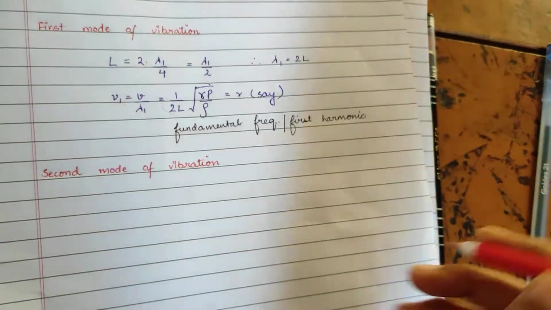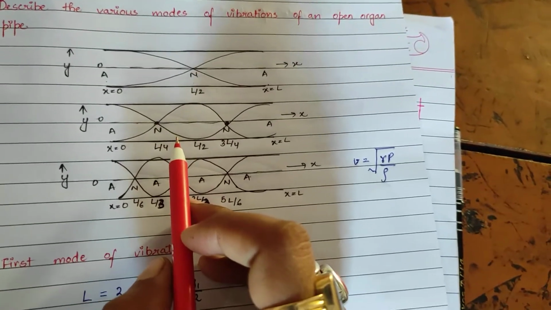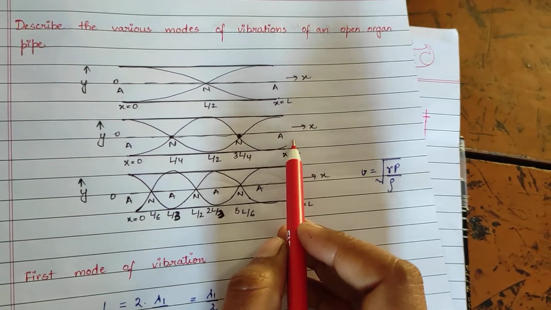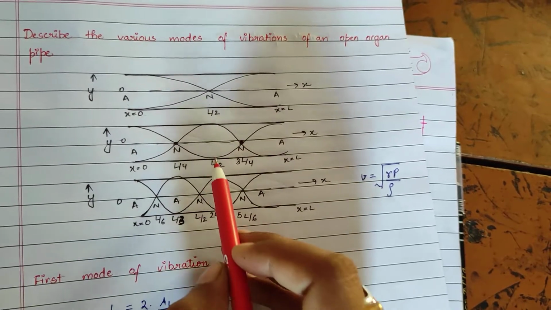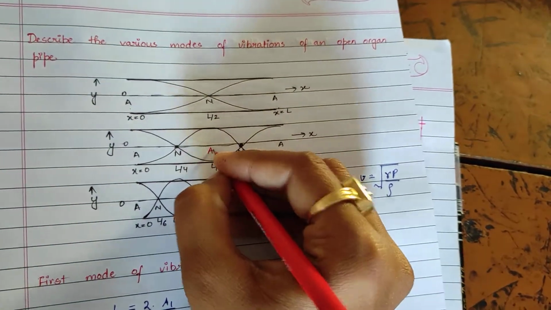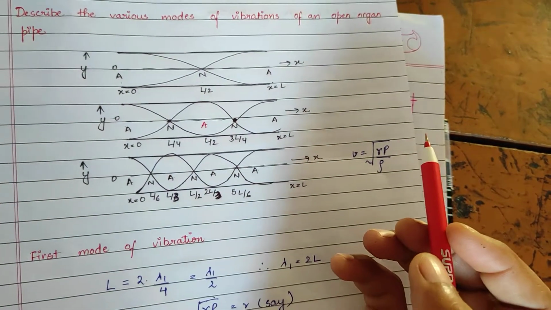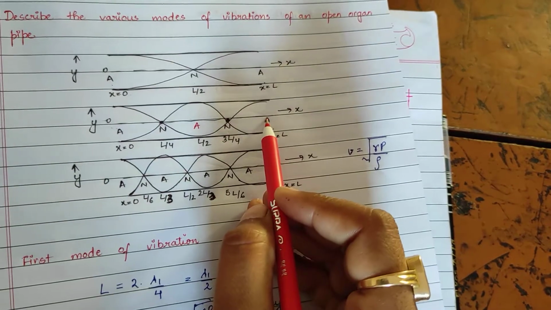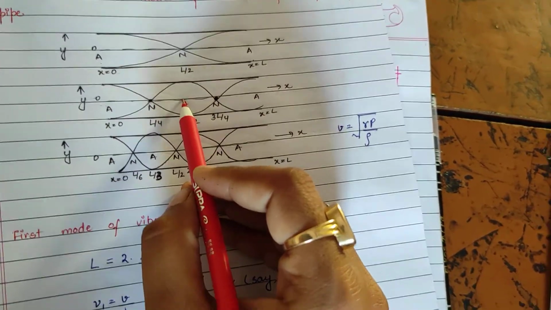Now for the second mode of vibration, as you can see in this figure, antinodes are again formed at the open ends, and these are separated by 2 nodes and 1 antinode. So in the second mode of vibration, 2 nodes are formed whereas 3 antinodes are formed, and these 2 nodes are separated by 1 antinode.